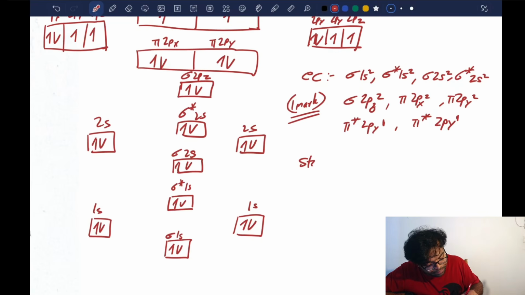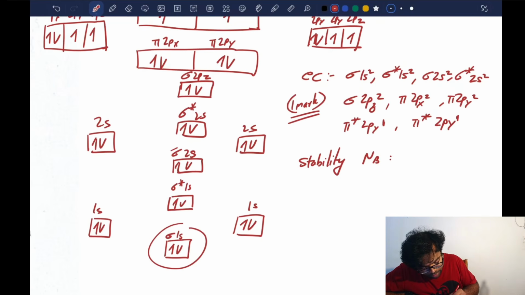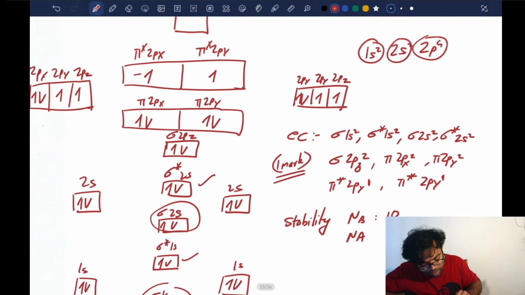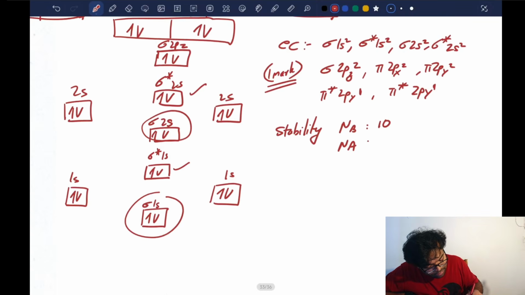Next, stability. Nb is equal to how many bonding electrons? 1, 2, 3, 4, 5, 6, 7, 8, 9, 10. So 10. Na is how much? 1, 2, 3, 4, 5, and 6. So Nb minus Na is equal to 4.